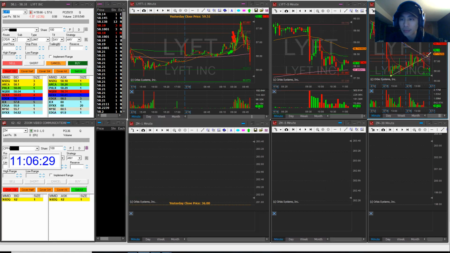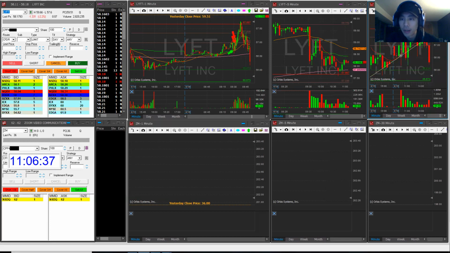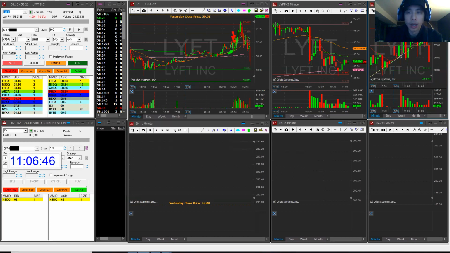Okay, this uptrend line, and on the 16th right here, if I zoom into the 30-minute chart, right at the open, it snapped this uptrend, right? When there's major volume coming, and that's where I shorted, right?